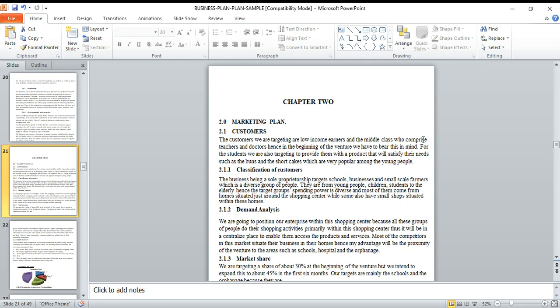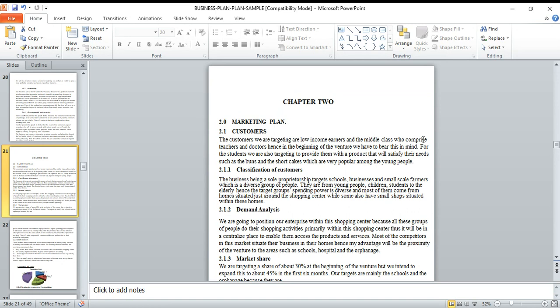For the students, we are also targeting to provide them with a product that will satisfy their needs, such as buns and shortcakes, which are very popular among the young people. So you describe your market and how each of the products suits the different customers.